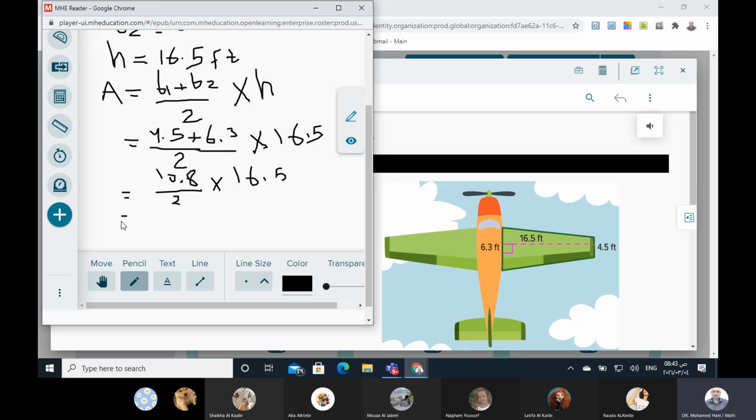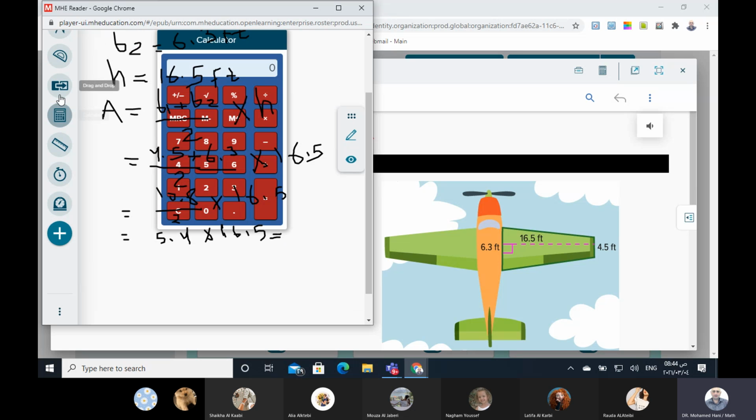Now 10.8 divided by 2 will be 5.4, times 16.5. The answer will be 5.4 times 16.5, which will be 89.1.